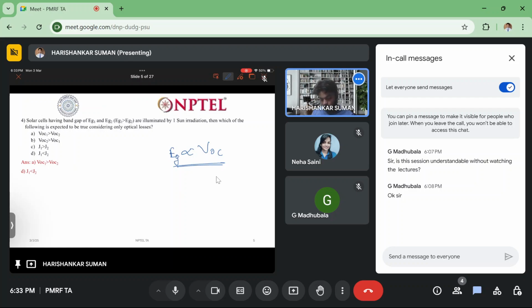Now we can check our answer. According to this, if the band gap is higher, then VOC is higher, so the first option is correct.